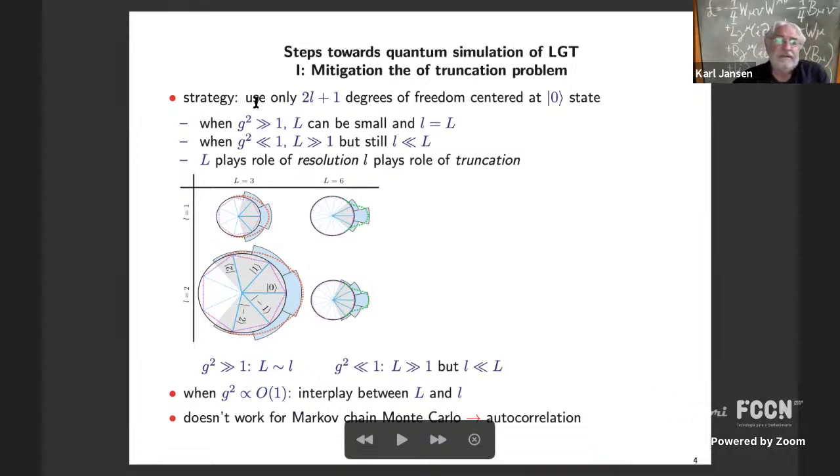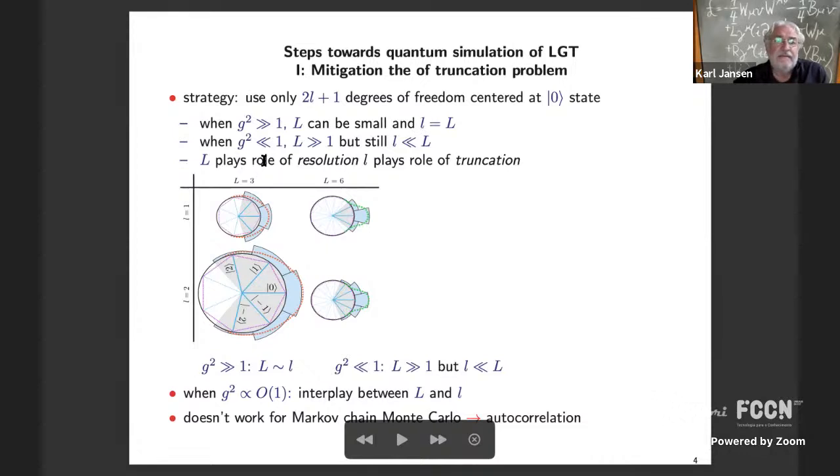So what does this mean? When I take g squared to be much larger than 1, I'm in the electric basis and L can be small. And then the resolution, capital L, can be equal to the truncation, small l.